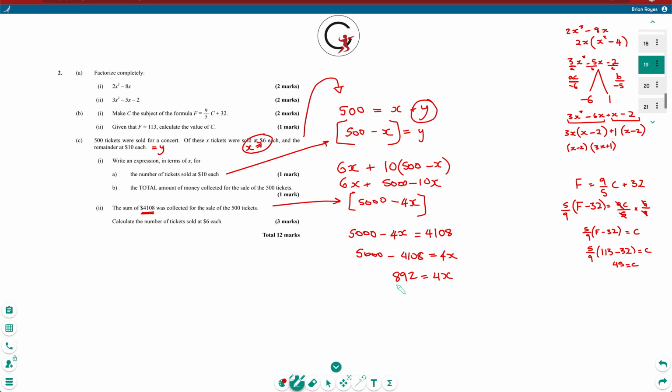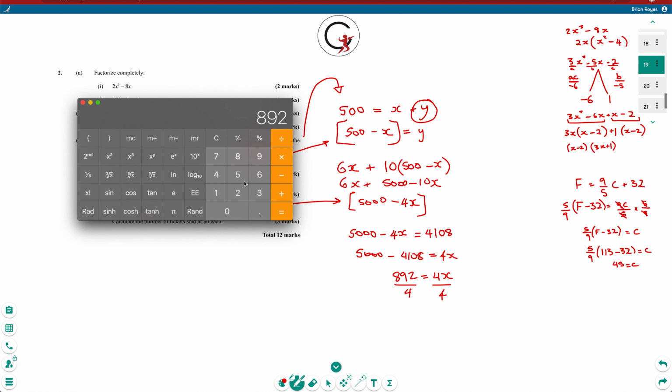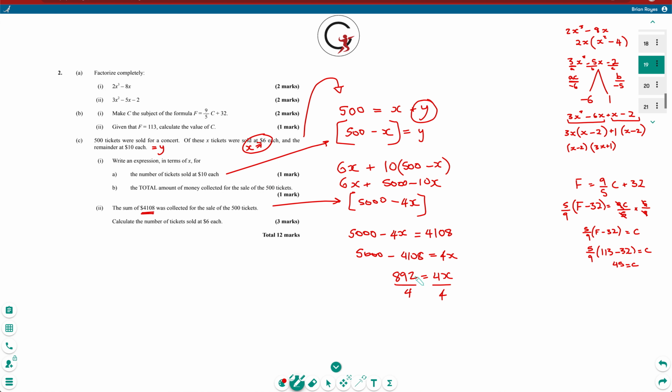Therefore, x should be 892 divided by 4. 892 divided by 4 is simply 223. 223 is equal to x. And there you have it. This is the number of $6 tickets sold.